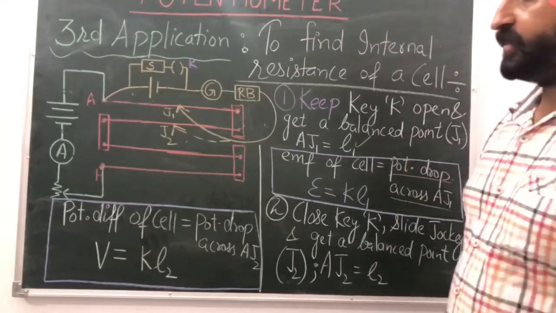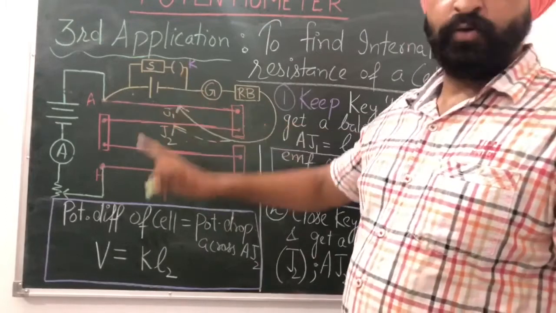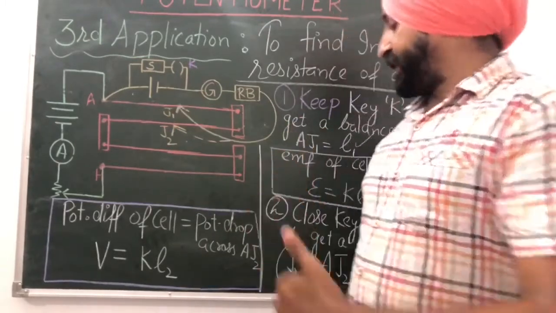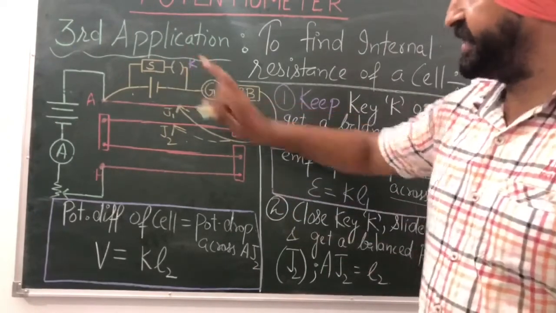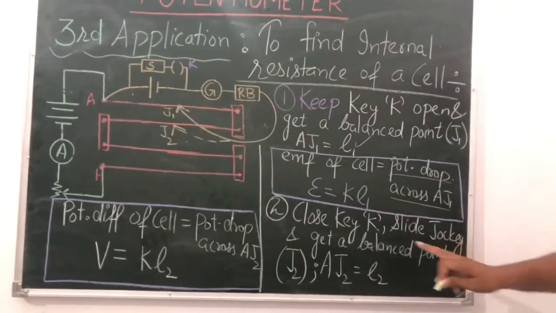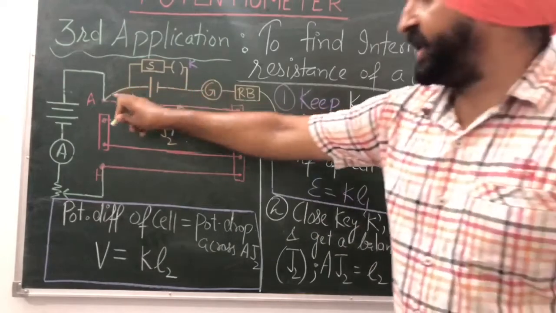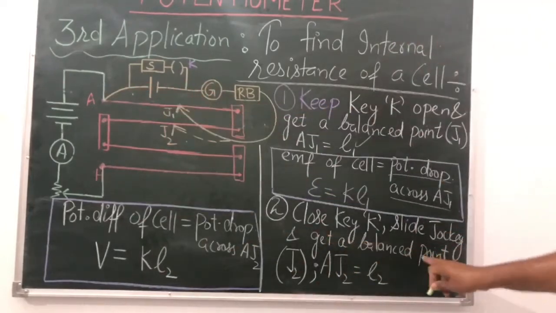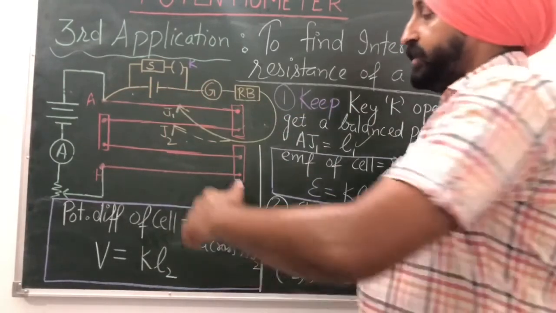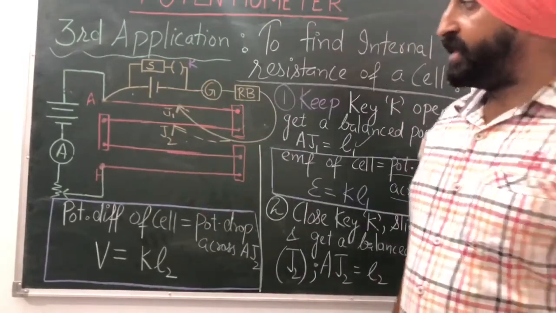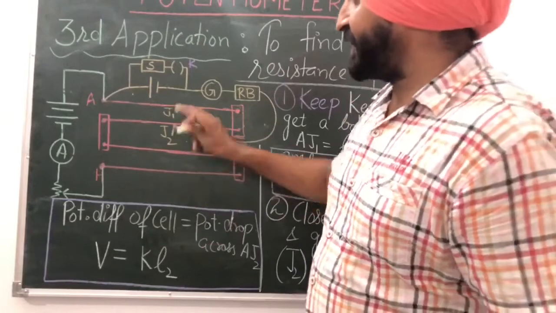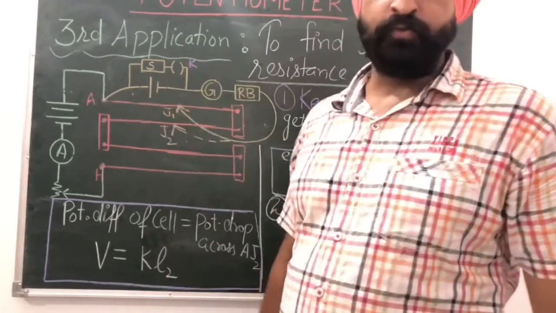In the first point, we have kept this key open. Now coming to the second point, close the key K. Now we will be closing this key and sliding the jockey again starting from point A to get a balance point. When you keep this key closed, that means some current is now extracted from this battery also.